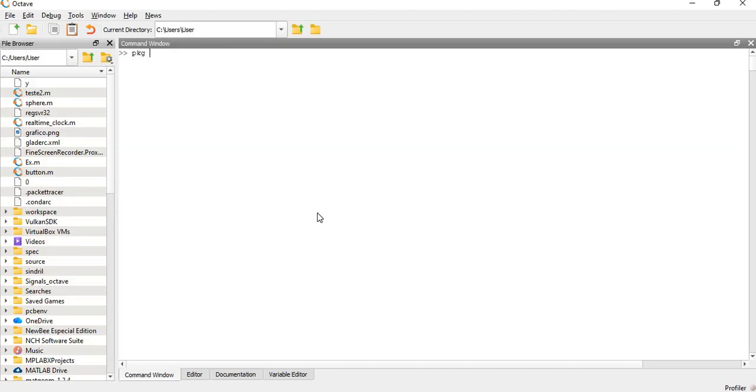Now type pkg load and the name of the package that we want to load, which is symbolic, because we will use symbols A1 and A2. So first of all, we need to type syms, and now we type A1 and A2. Press enter and wait a bit to load the package.